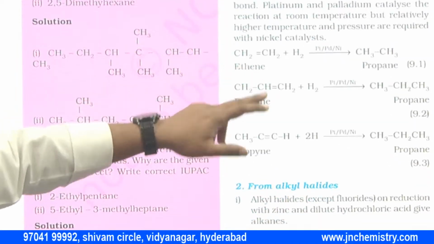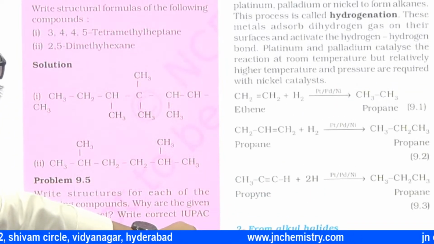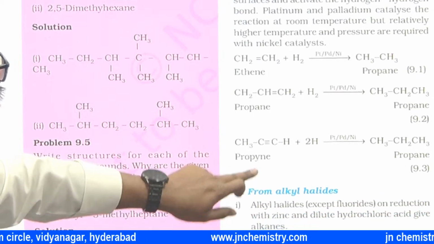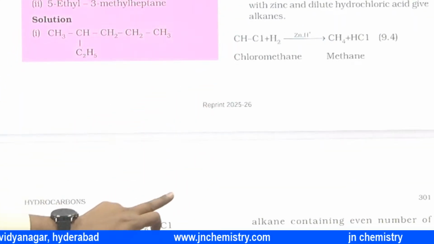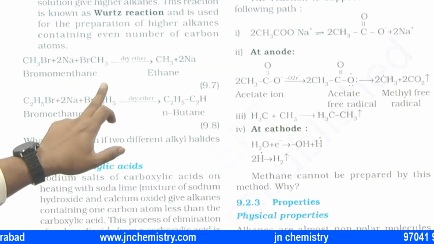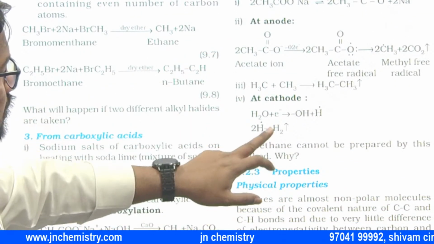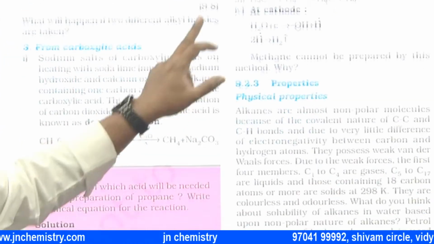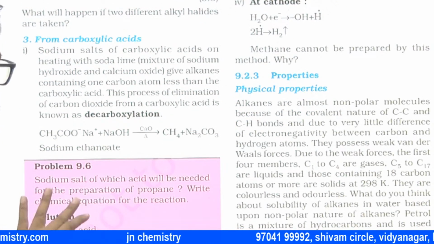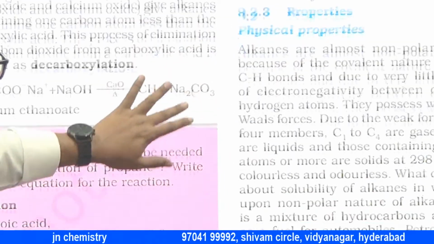Preparation of alkanes from alkenes: hydrogen, nickel, platinum and palladium. From alkyl halides: zinc and HCl, and Wurtz reaction. From carboxylic acids: Kolbe electrolysis. But in Kolbe, only some examples are there, but I already told you how we need to, right?